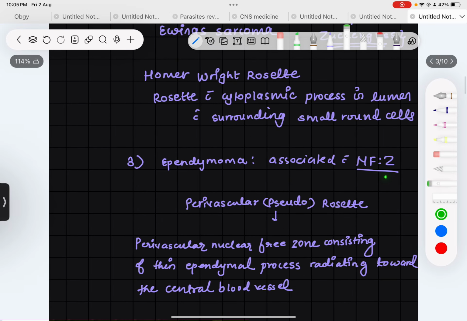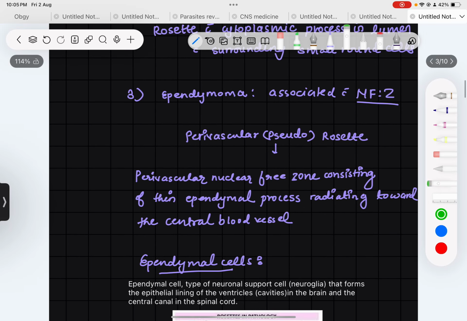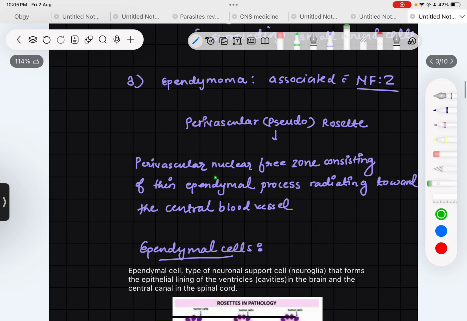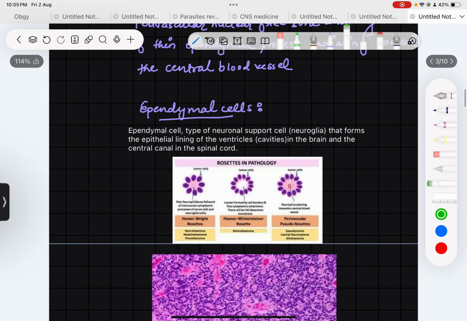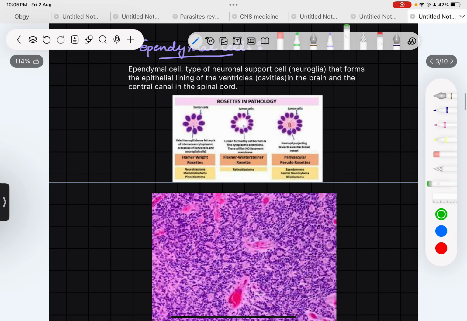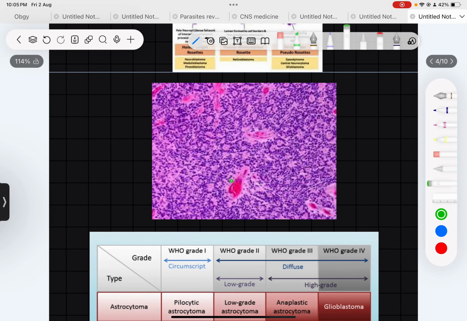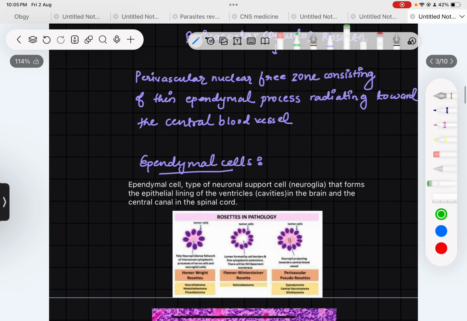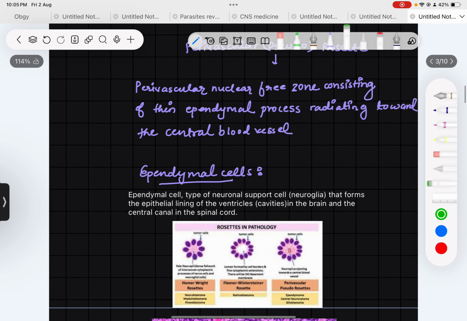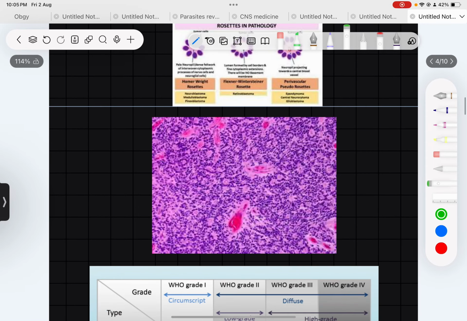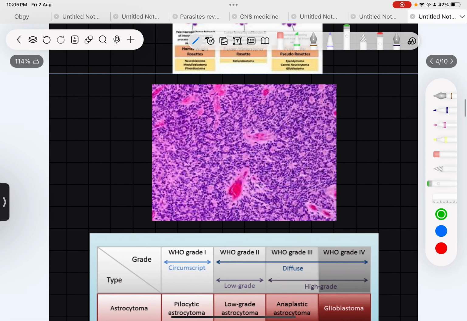In ependymoma we will see the perivascular pseudorosette, meaning a perivascular nuclear free zone consisting of thin ependymal processes radiating towards the central blood vessel. As you can see here, the central blood vessel, and surrounding it we have these thin ependymal processes radiating towards this blood vessel.